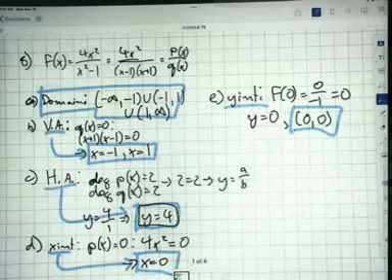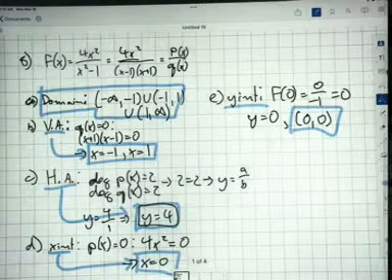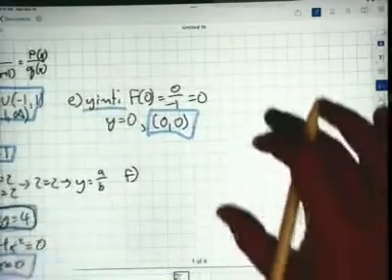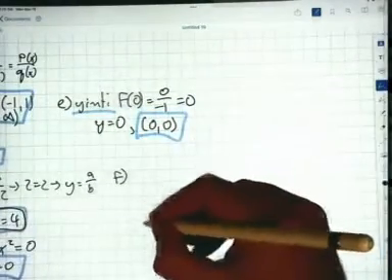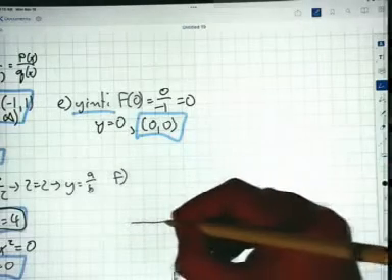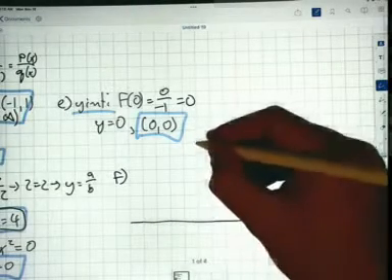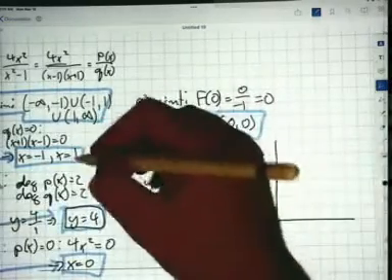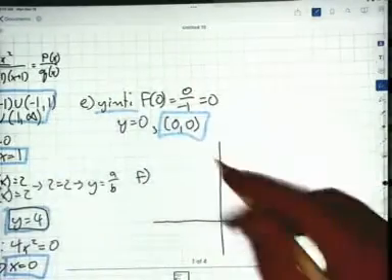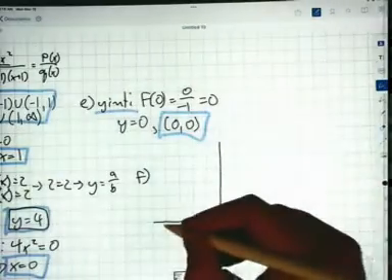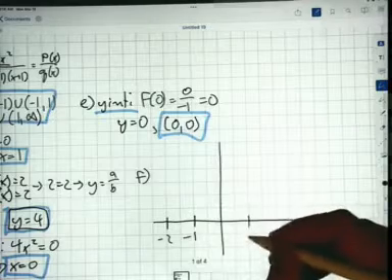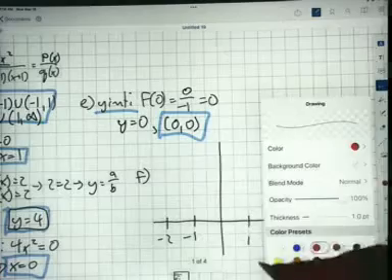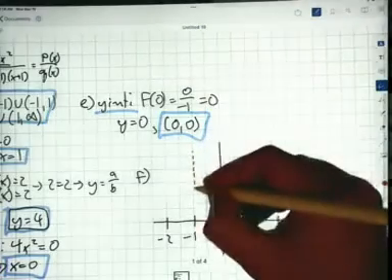And then this gets us to part F, where we can sketch the graph. Alright, I know I have vertical asymptotes at negative 1 and 1. So I'll draw those with a dotted line.